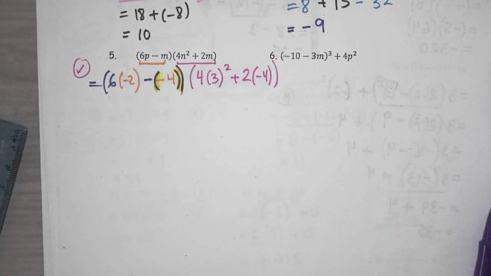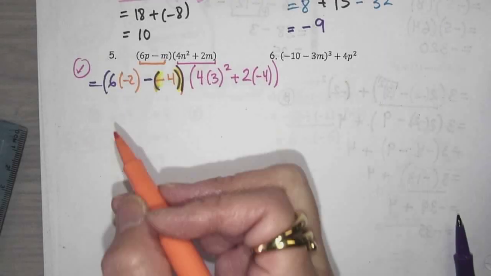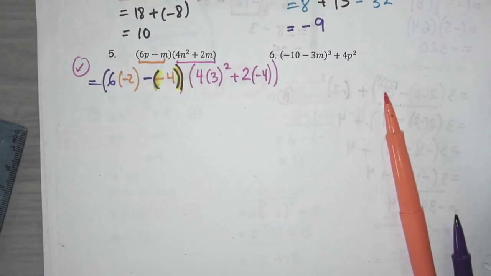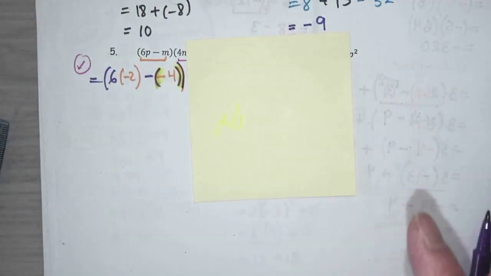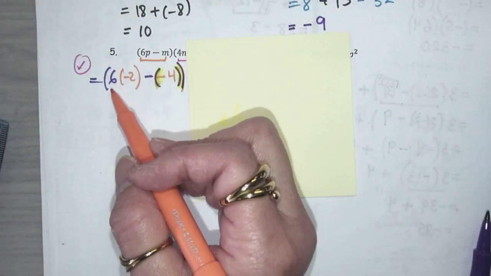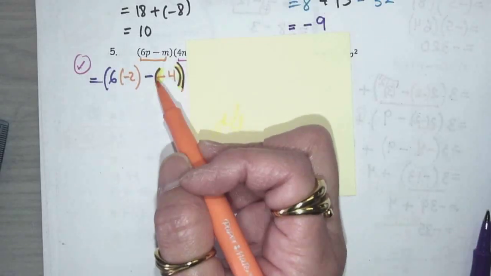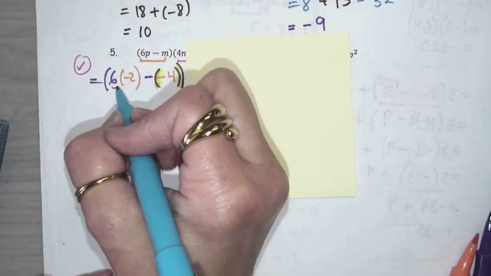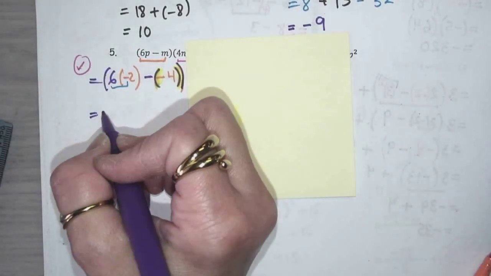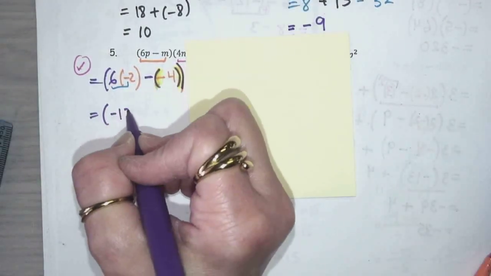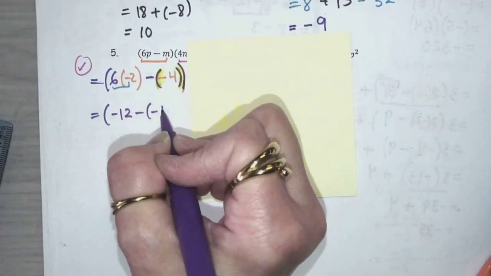Okay, let's clean this up because there's too much going on. So here, again, when it's too much going on, just do it in bits. So don't fret, you just keep it separate. So let's do this bracket first. 6 times negative 2 minus negative 4. So really, it's those two. And we're going to go 6 times negative 2 is negative 12 minus negative 4.